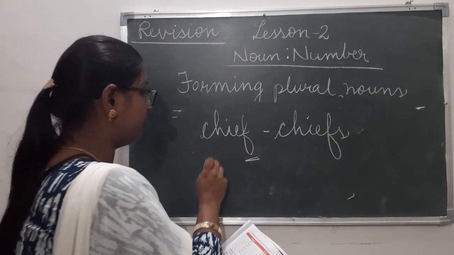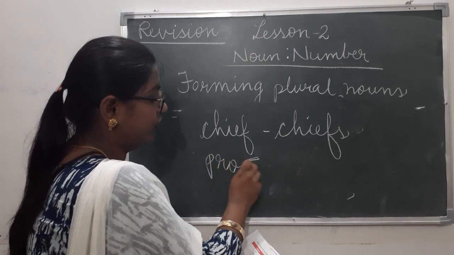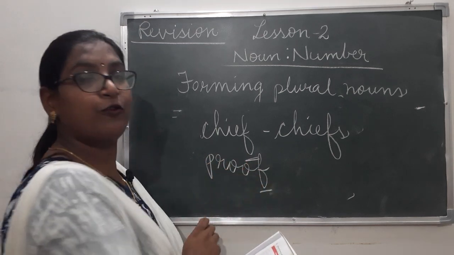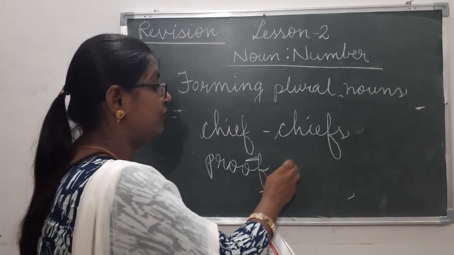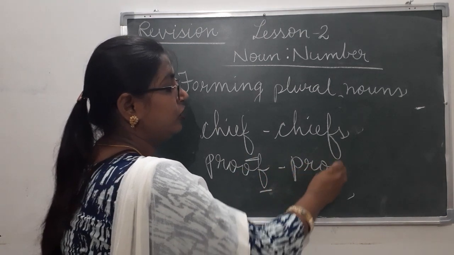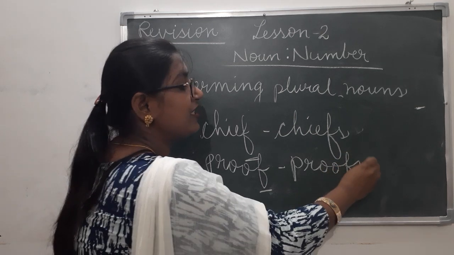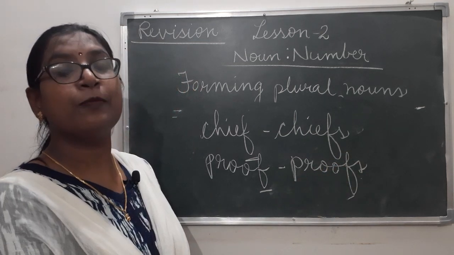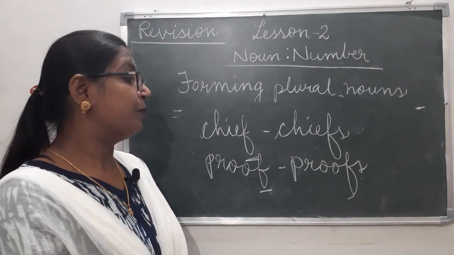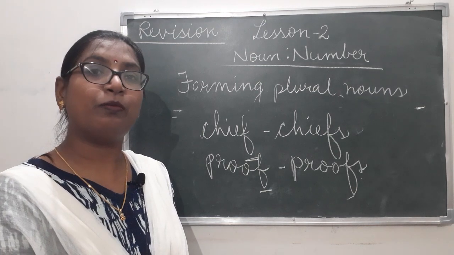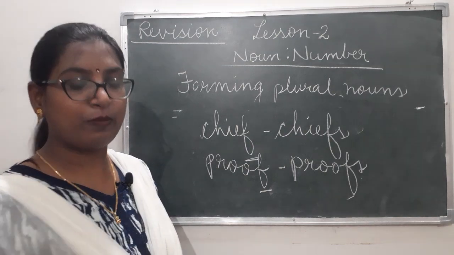The next word, proof. Proof is ending with F. We do not change this F into VES. Proof, proofs. We just add S with it to make it plural. So dear children, this kind of words we need to memorize. We need to learn by heart.